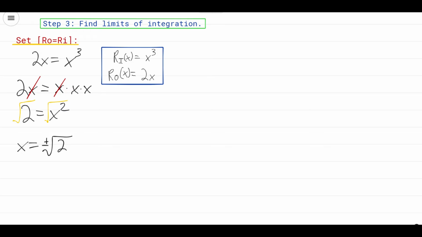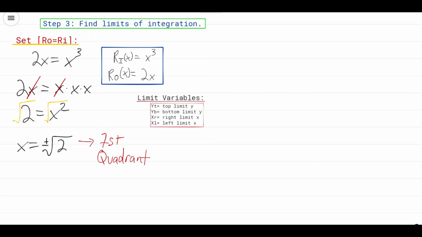However, keep in mind that this region is bounded to the first quadrant only, which means that we omit x equals negative square root of 2, and we only focus on x equals the positive root of 2. Thus we have our limits, as you should be familiar with by now.